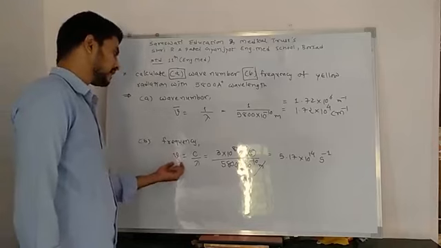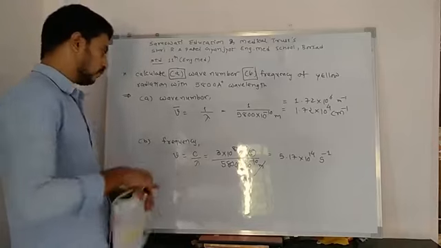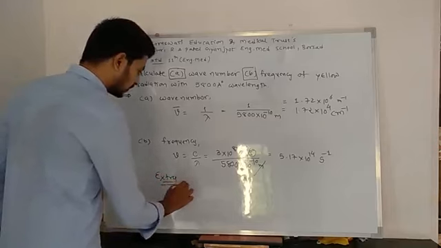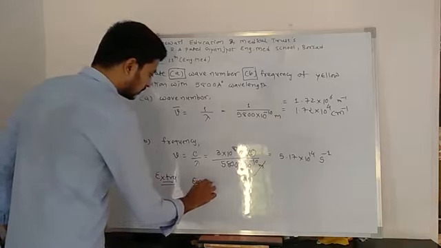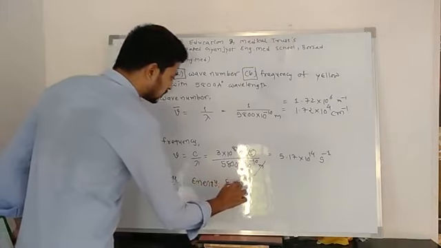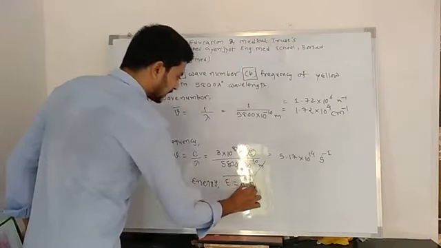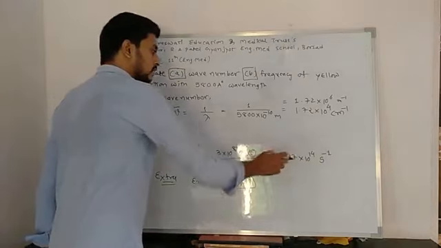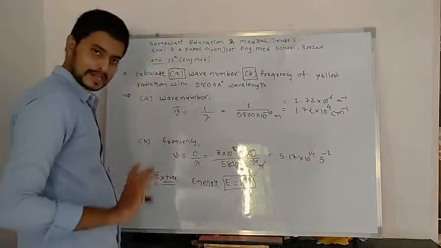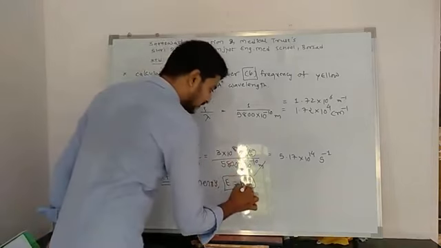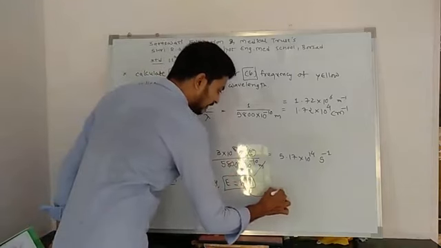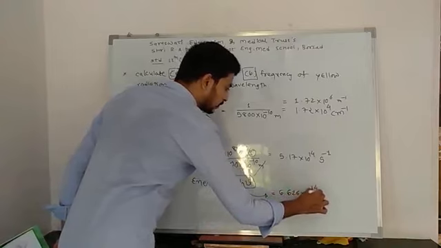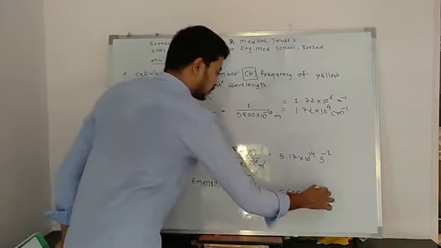And here we get nu also. So if you want to calculate extra, I will write over here extra: energy E is equal to h nu. So you can calculate energy with the help of this formula, because nu is 5.17 10 power to 14 second inverse, and h is the Planck constant, value 6.626 10 power to minus 34 joule second.